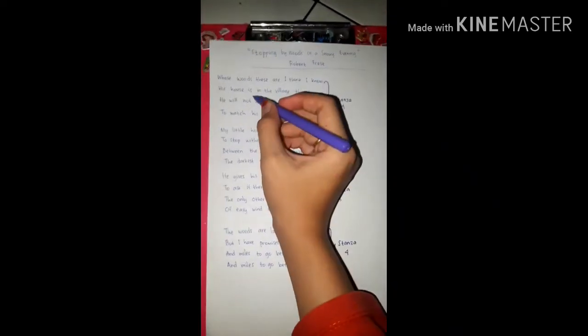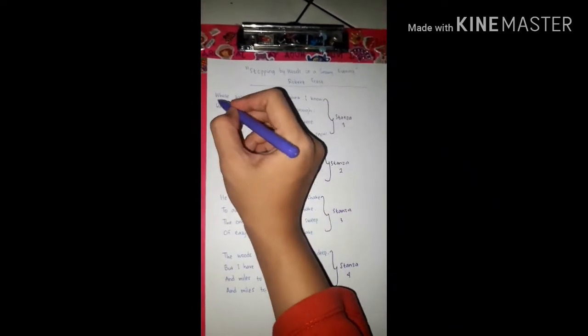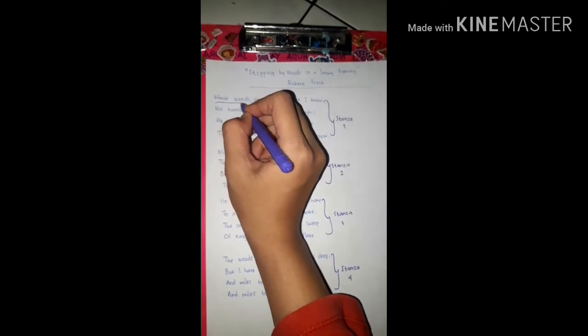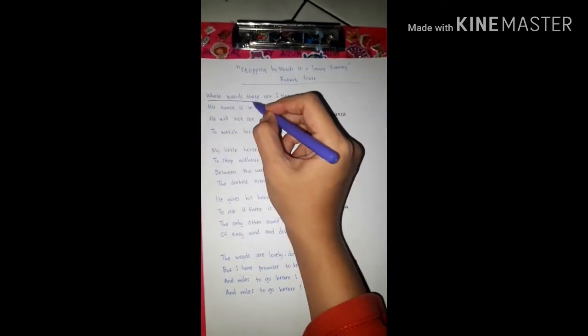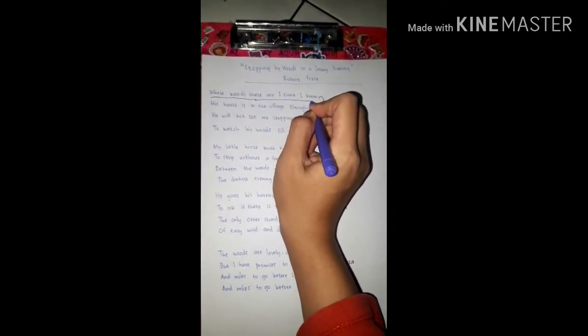Okay, secondly, we analyze lines or rows. This is called the line in the poem.